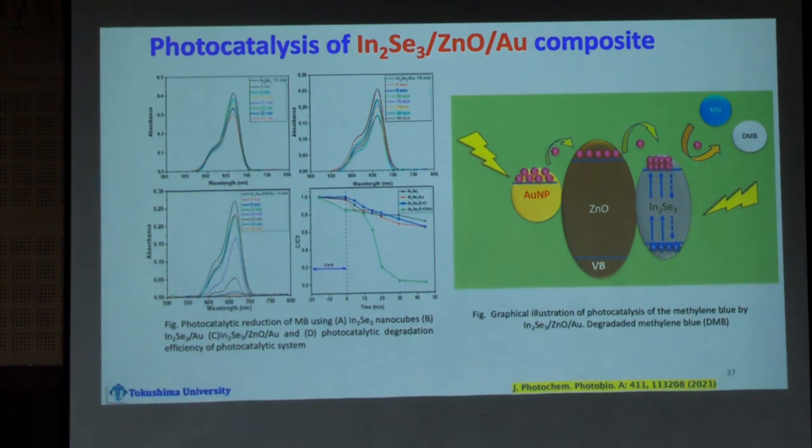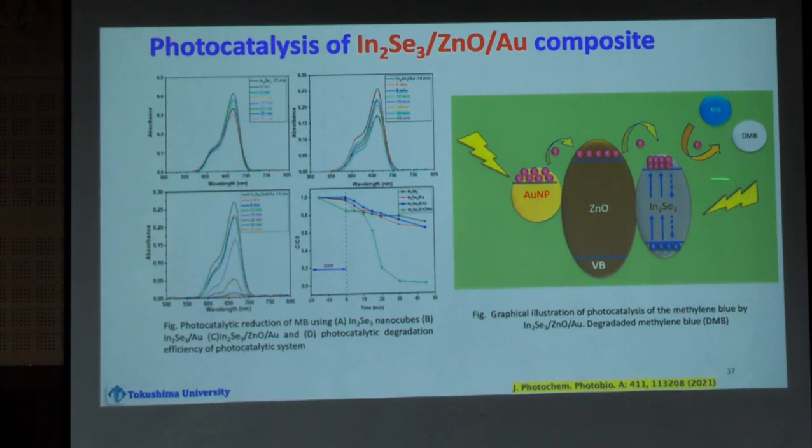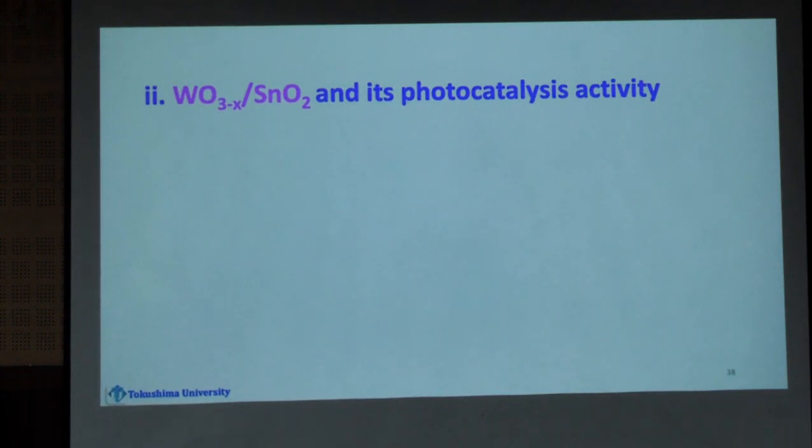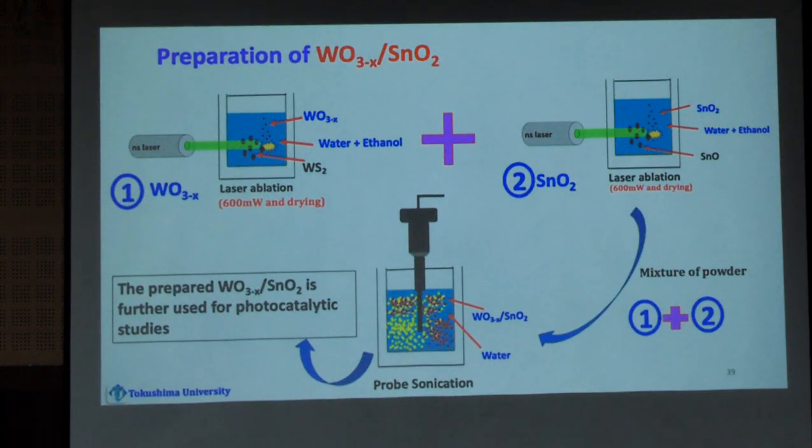So this suggests that both metal nanoparticle and oxide are equally important when we make the ternary composite based on two-dimensional material. Another combination, it was binary, not ternary, but I just want to show this interesting result.